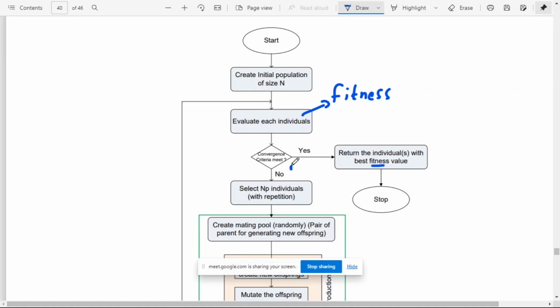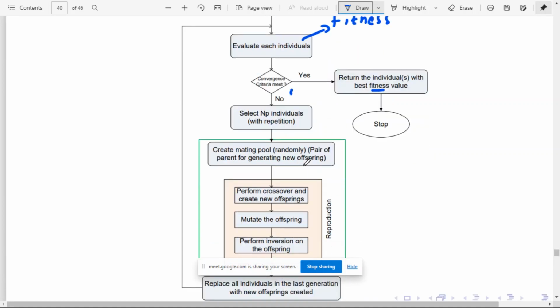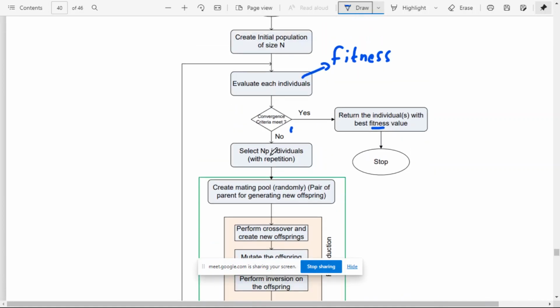Suppose we are not convinced with the solution, so this fitness score I'm not happy with, then what we do is select NP individuals. NP is some number. Okay, the total population contains n individuals. From this n, we select NP individuals, maybe the ones with a good fitness score. Say, for example, select NP individuals such that their fitness score is more than 0.8.